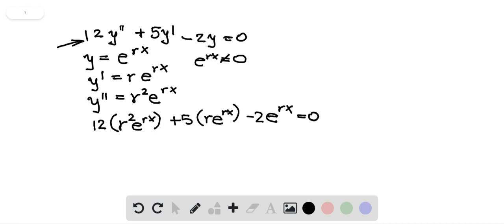If we divide each term by e to rx, we get the equation 12 r to the second plus 5 r minus 2 equals 0. Because we're dividing by e to rx, we need e to rx to be different from 0.